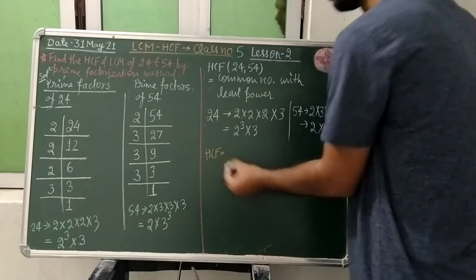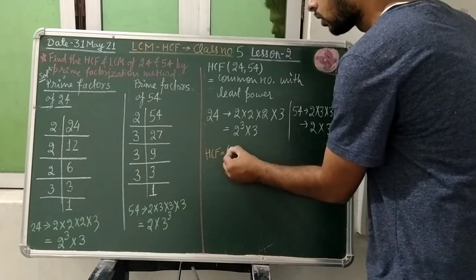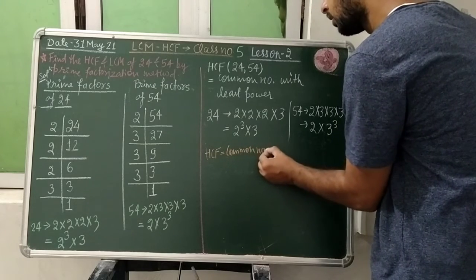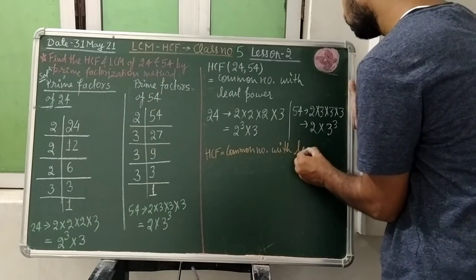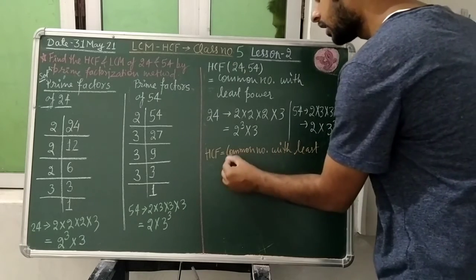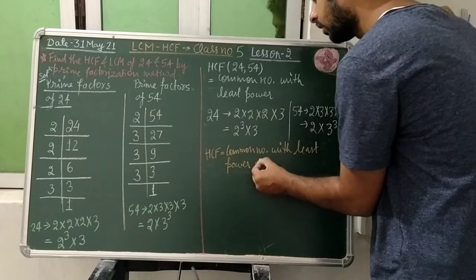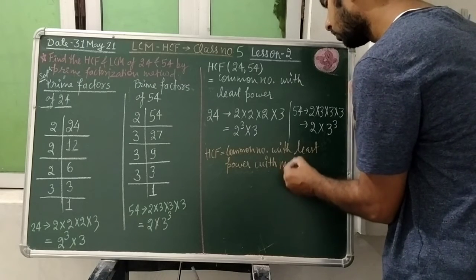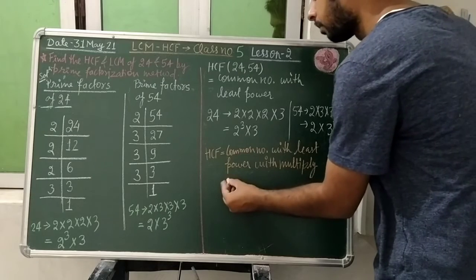And now we are interested to find out HCF. So for HCF, what shall we do students? We shall write the common number with least power, with multiply operator.